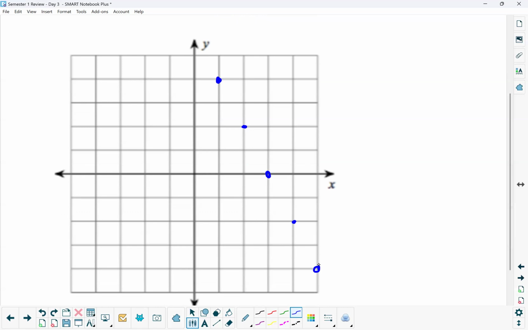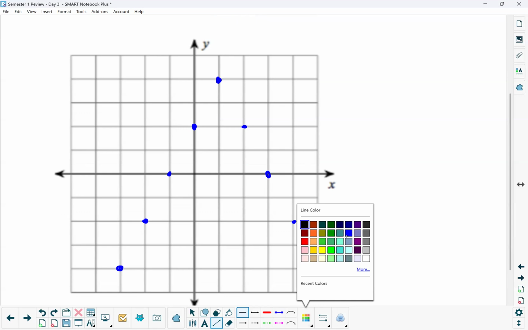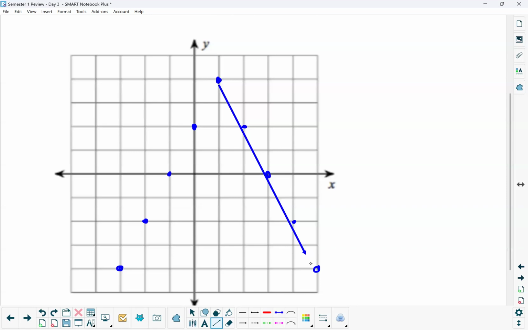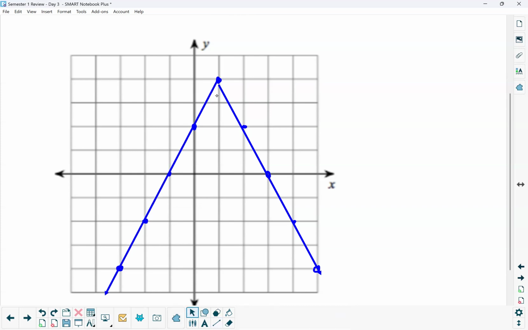And then because of the symmetry, I get a new set of points if I go down to left 1 that are also on the absolute value function. And to graph that, there we go.